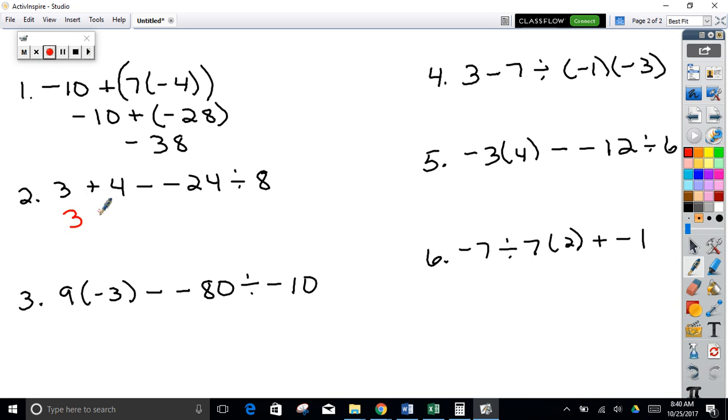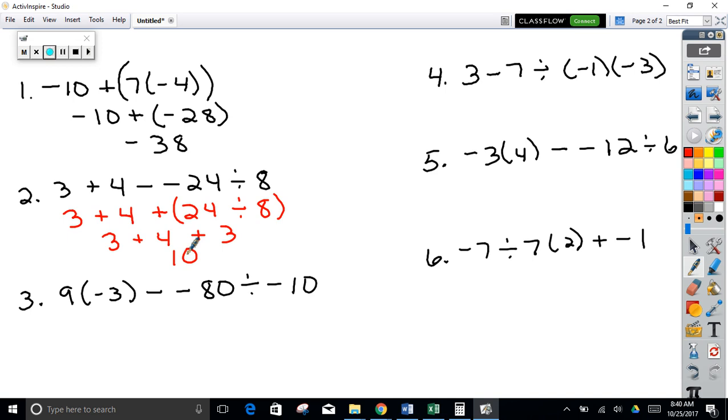So I could make this be 3 plus 4 plus 24 divided by 8. Then I would do the 24 divided by 8, and I get 3 plus 4 plus 3. 3 plus 4 is 7, plus 3 is 10. So you still get an answer of 10. Either way that you did it would work out the same.